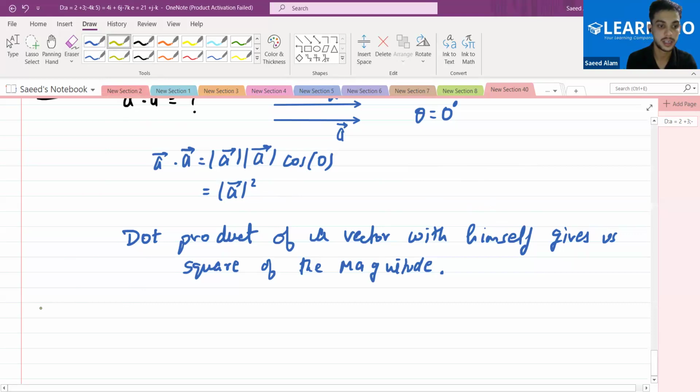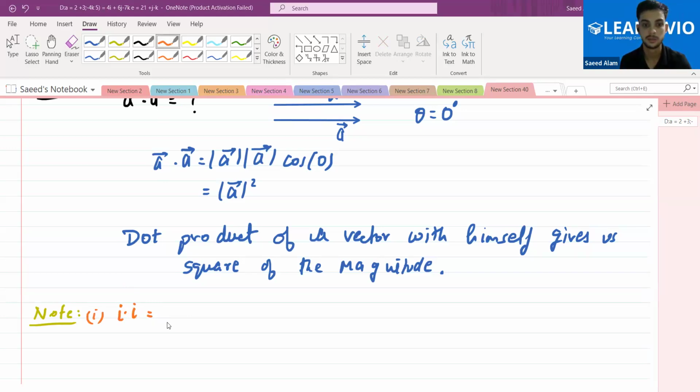Now tell me some note points. What will be I dot I? I square.